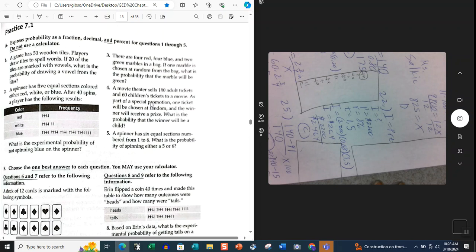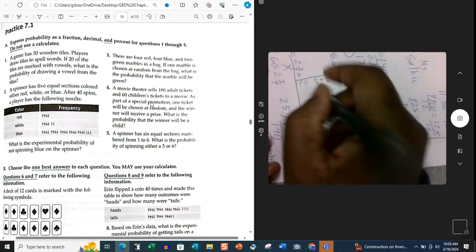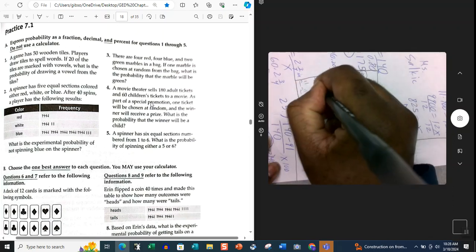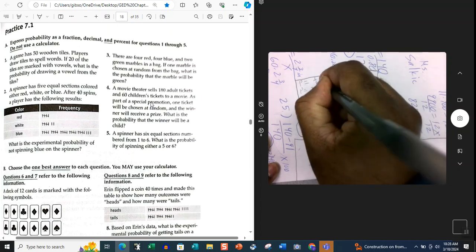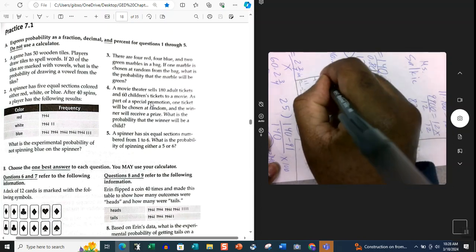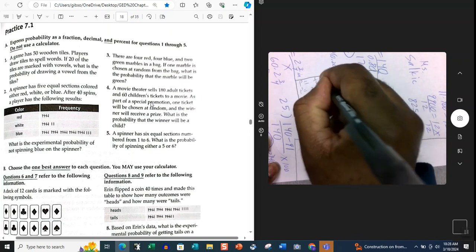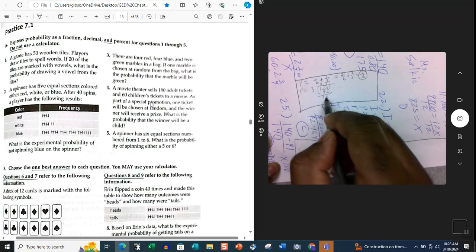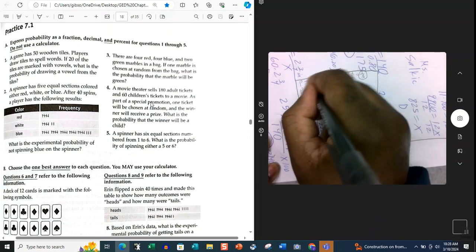Now, they want us to write this as a fraction, a decimal, and a percent. So 1/3, so we'll take 3 into 1 point, let's do 0, 0. 3 goes into 1 0 times, 3 goes into 10 3 times. 3 times 3 is 9. 1, we'll bring down our 0. 3 goes into 10 3 times.